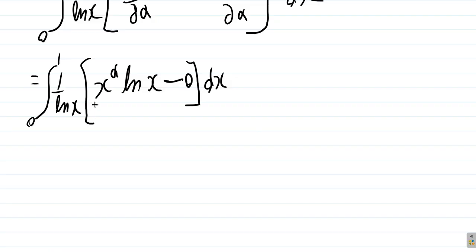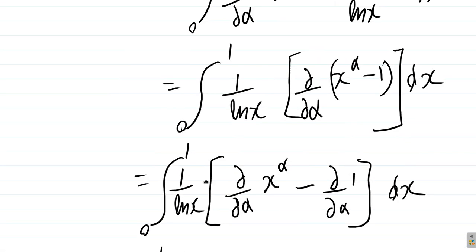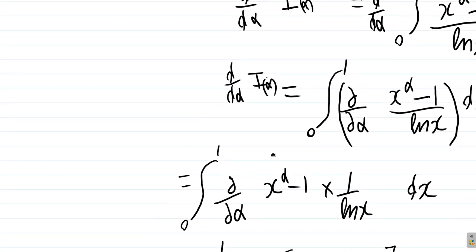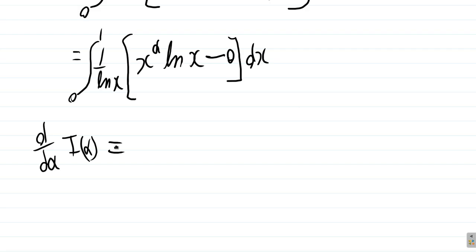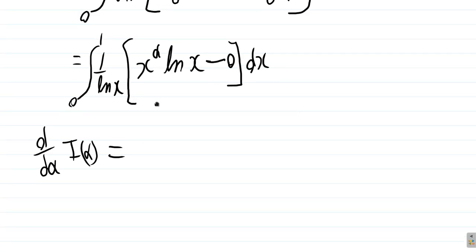Alright, so what happens after this? What we have here, the derivative with respect to alpha of I of alpha, I of alpha is equal to this, right?